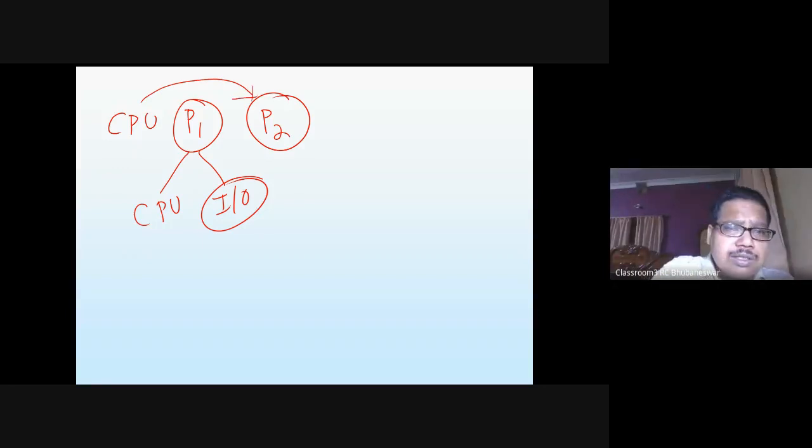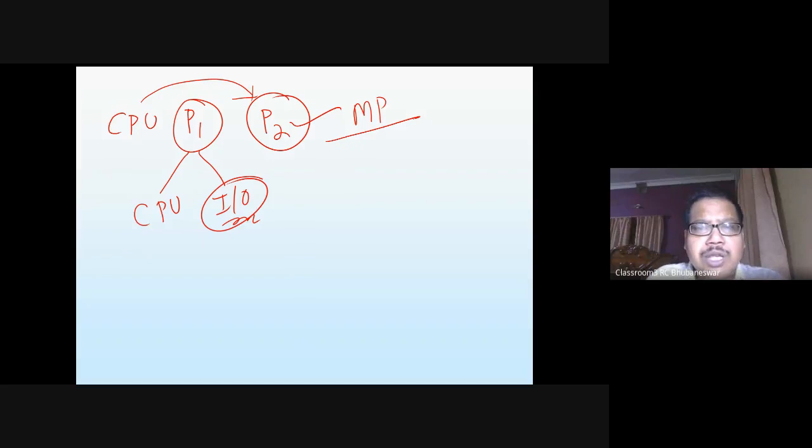But when does this IO come? I do not know. So I cannot guarantee here whether P2 will be executed or not in a multi-programming environment.